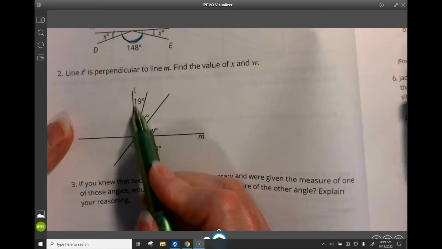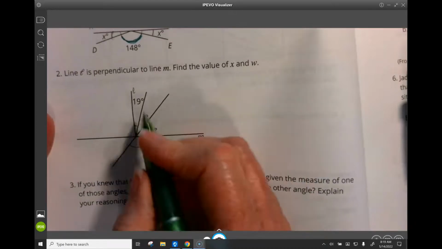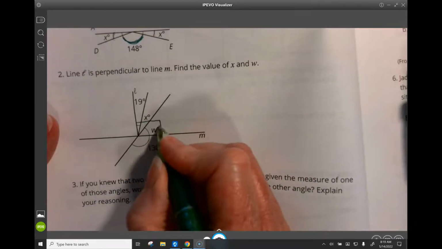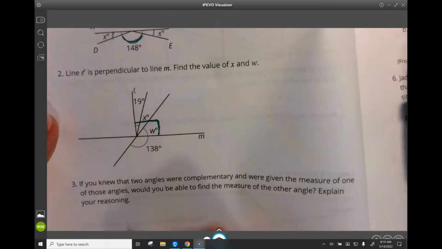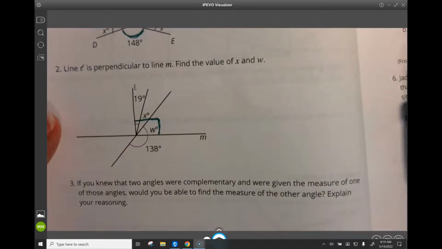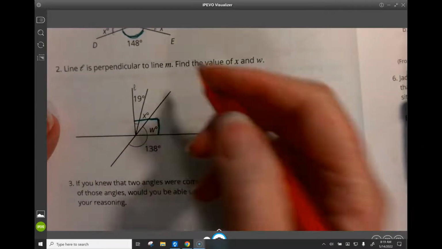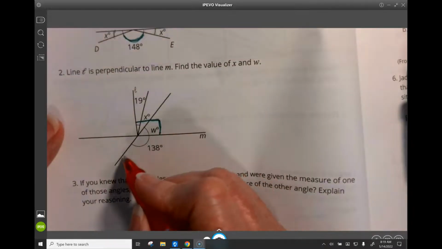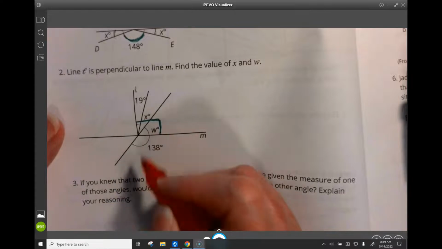Line L is perpendicular to line M. So this right here is a 90-degree angle. Do you see that? Notice I'm marking all these things up. Then it says that this angle right here is 138.